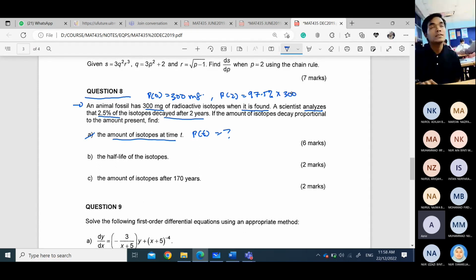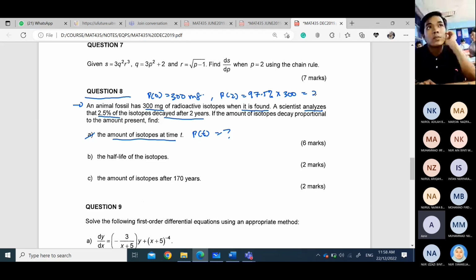So times 300. So after 2 years, the weight of radioactive isotope is 292.5 milligram. Okay, so it has been decayed 2.5%.